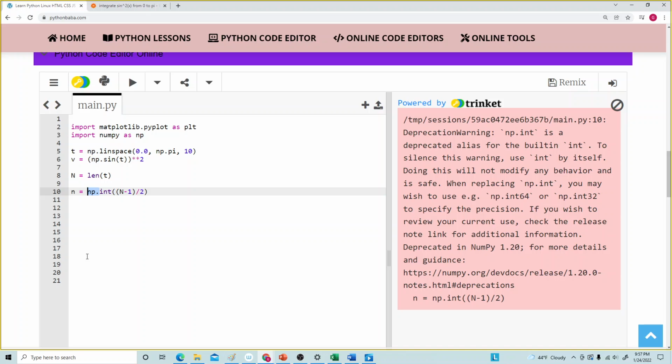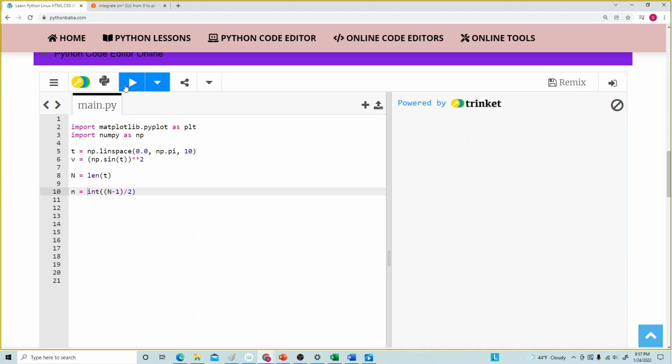So this shouldn't complain, and it is. Maybe I don't need the NP there. Let's see. Yeah, no, I don't need the NP there. So this defines the integer value. And then the next thing I need to do is define an array for my results.